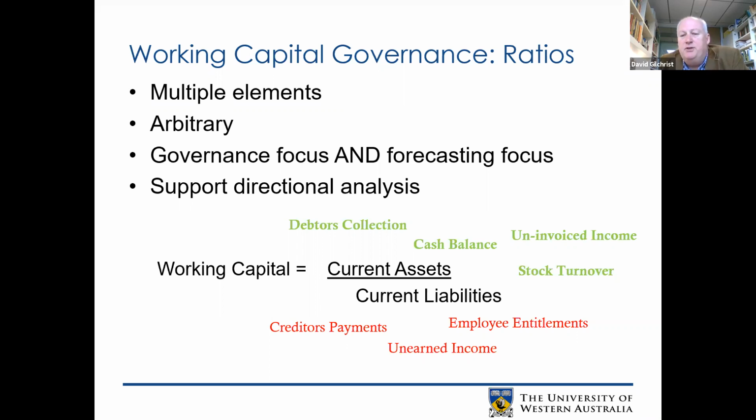In the liabilities, you can have some liabilities that are related to non-cash items, such as income in advance, which I've already talked about, which is unearned income that you need to think about. But unearned income is already cash in the bank. And so, yes, the working capital ratio is often similar to the current ratio, but it relates only to those cash items and those items that are going to turn into cash in the very short term. So those things that are going to result in cash inflow or cash outflow.